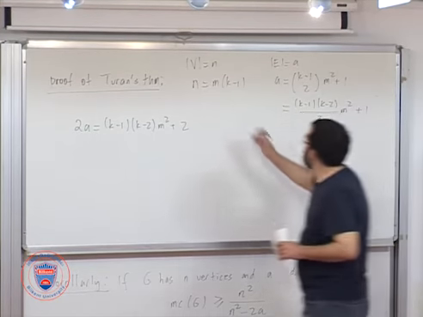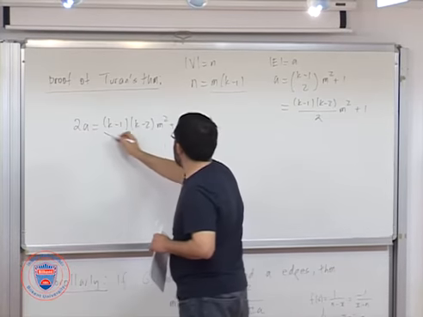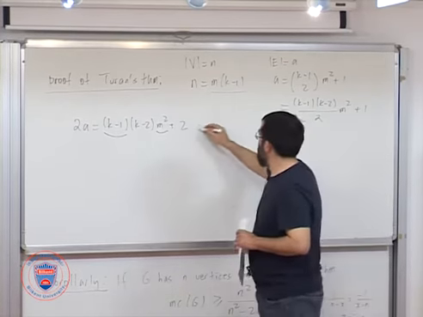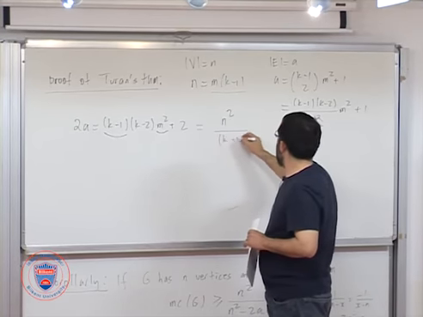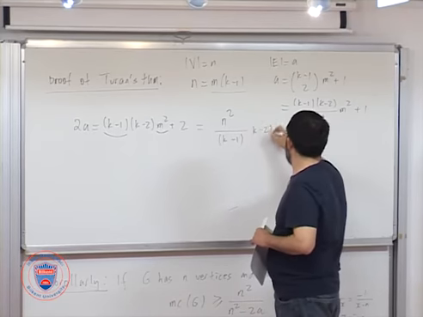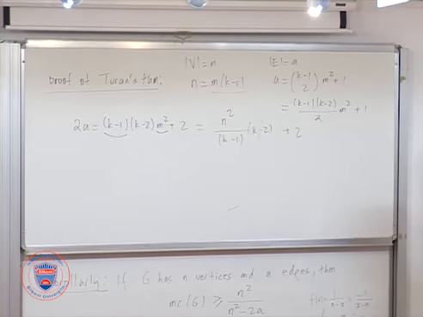Now, here I have m times k minus 1. Here I have k minus 1 and m squared. So you can see that n squared will be lacking a factor k minus 1. So I can write this as n squared divided by n, k minus 1 times k minus 2 plus 2.